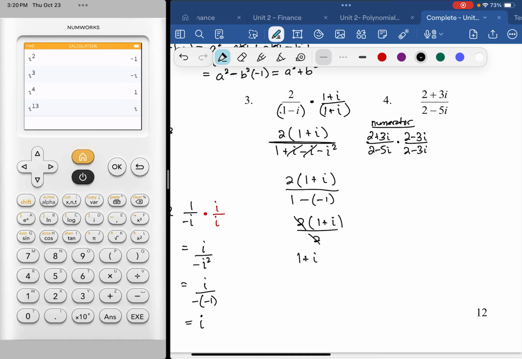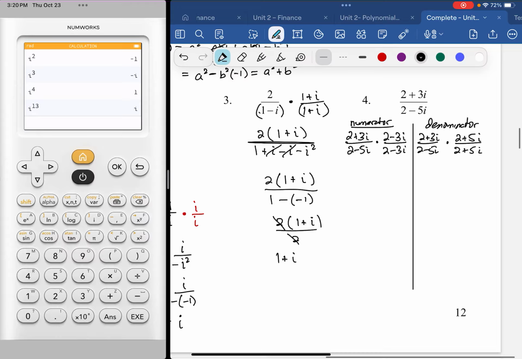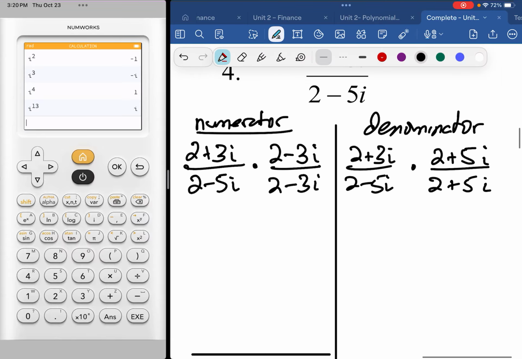Or I could do the conjugate of the denominator, which would be, again, 2 plus 3i over 2 minus 5i, multiplied by 2 plus 5i, top and bottom. So when I distribute out the numerators, I would get 4.